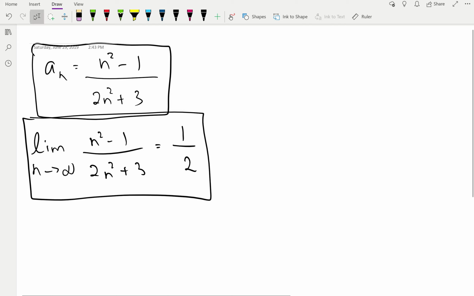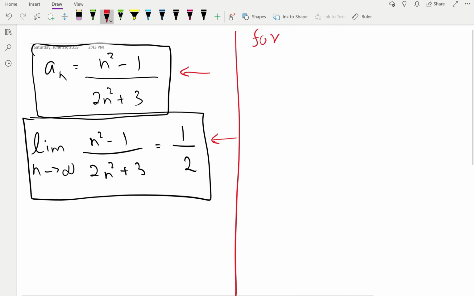All right, hello everyone. So we have another sequence here and we want to prove that the limit of this sequence is half. Okay, so let's start our scratch work. For any epsilon greater than 0, let's take the difference between the nth term of the sequence and the limit.